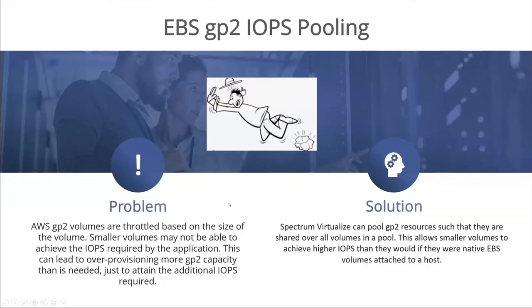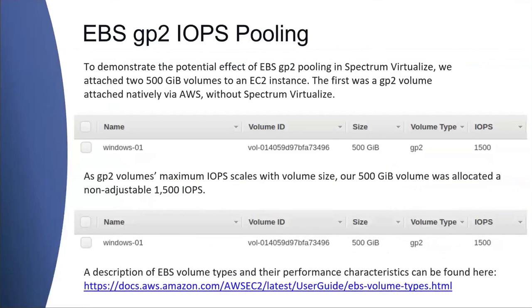GP2 volumes are throttled based on the size of the volume, as we mentioned. And what would the solution be? With Spectrum Virtualize, I'm able to take volumes and stick them in a pool, as we all know from on-prem things we've been doing for years, and achieve higher IOPS by the pooling mechanism. So let's go through a scenario of how that works.